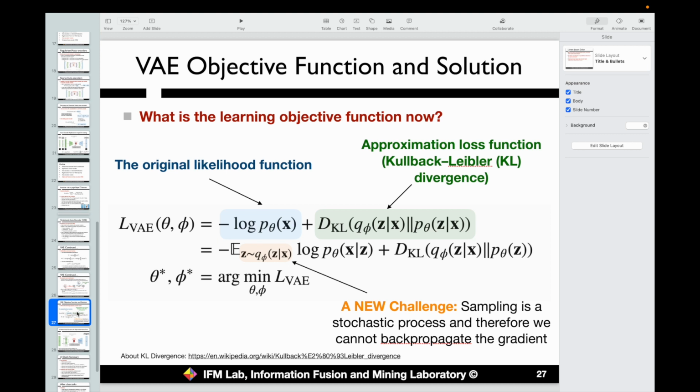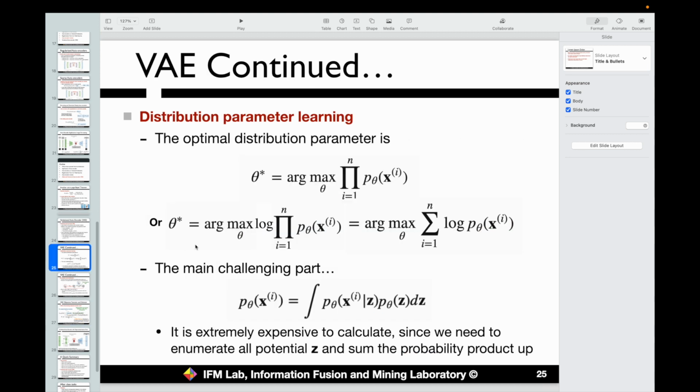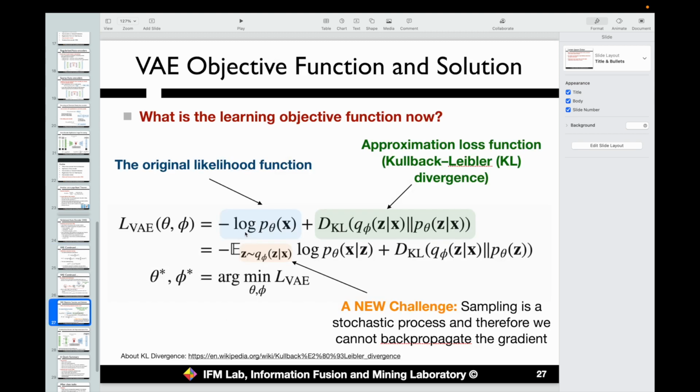Then by integrating them together, before we said that by optimizing this objective function we can obtain the optimal parameters theta star. But here we make some changes to the objective function besides this term that we want to maximize. We also need to ensure the Q approximation probability is as similar to the true PZ given x probability as possible, and we can quantify the distribution difference by this KL divergence function.